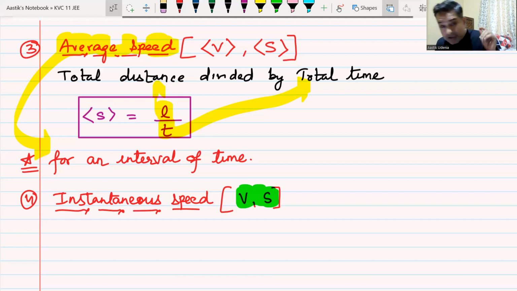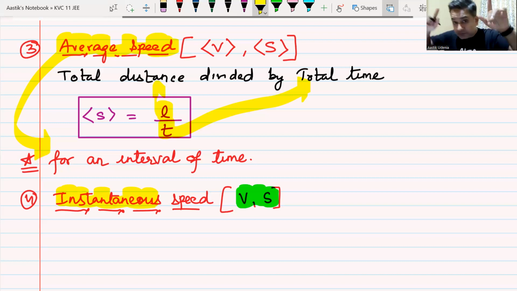Yes, sir. And actually, the definition that we have written is actually the definition of instantaneous speed. Now, what do you mean by instantaneous speed? Instantaneous means right now. Instantaneous means? Speed at any instant, sir. Yes. So this is the speed of the body at any instant. Well done.